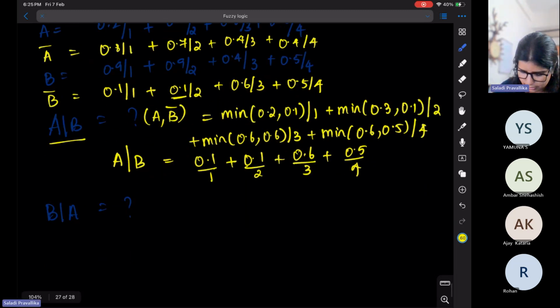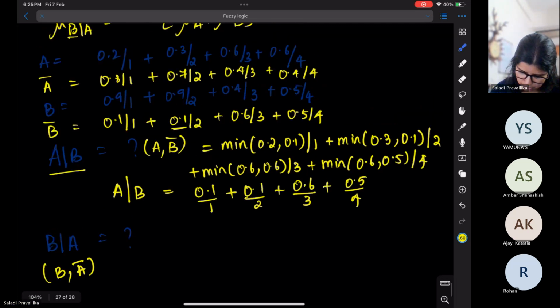Okay. So let's find B minus A. So here what values are you going to take? You're going to take B and you're going to take A bar. Right? So let's take the minimum values between both of them.